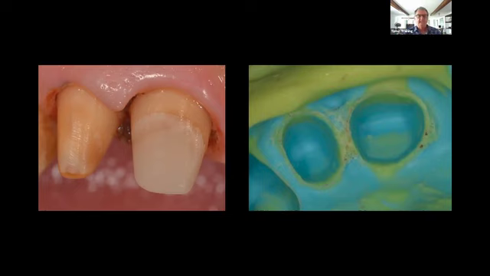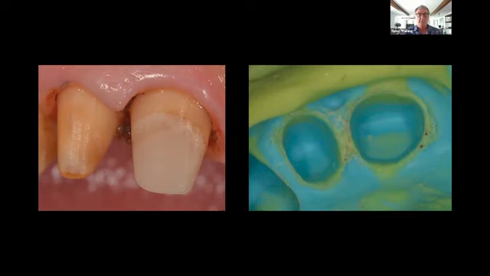Number 3, especially good when we're dealing with post-crowns. Really, really good. Why? Because we've been shown from some of the studies that we can go deeper subgingivally with a vertical margin than we can with horizontal margins. And if we can go deeper vertically, we can create a greater ferrule. And the ferrule is, as you well know, one of the most important parts of the long-term success of restoring an endodontically treated tooth.